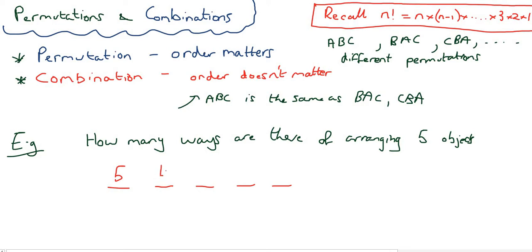In the second spot we're going to have 4 ways because we used one of them. In the third spot we're going to have 3 ways, and so on. If we multiply all of these together, this will give us the number of ways to arrange these 5 objects, which is of course 5 factorial, and this is 120. So there's 120 different ways of arranging 5 objects. Note here the order matters.